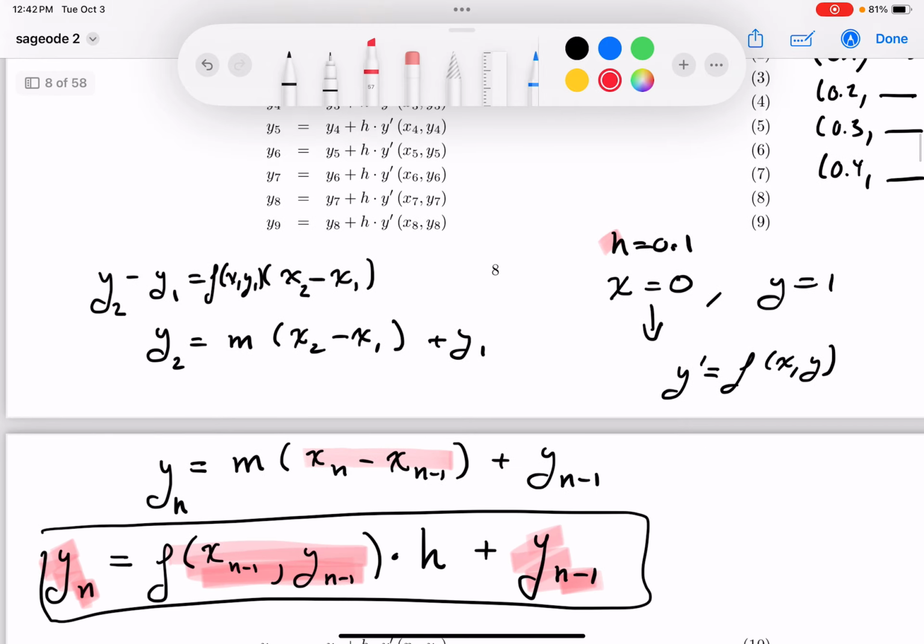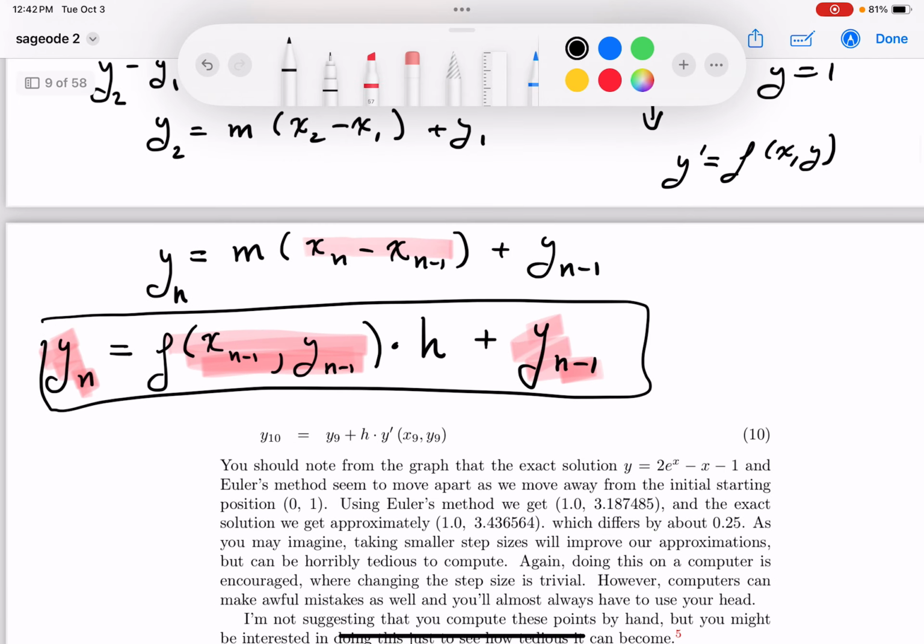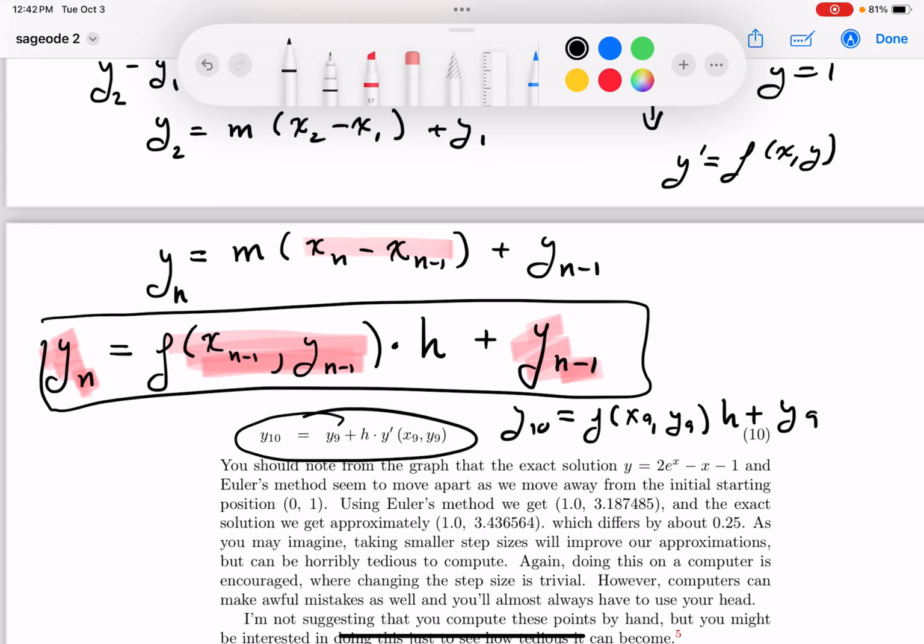If I did this one over here, what would y10 equal? Well, let's write that down. y10 would be equal to f of x9, y9, times h, plus, and what do you get there? yn minus 1, that would be y9. Am I getting that over here? Of course I'm going to see that here.